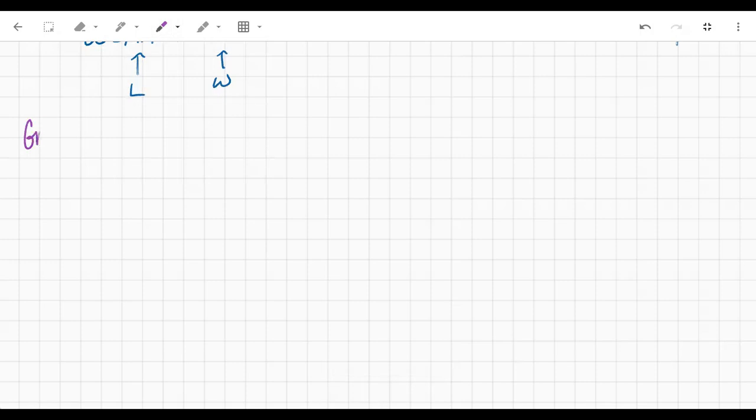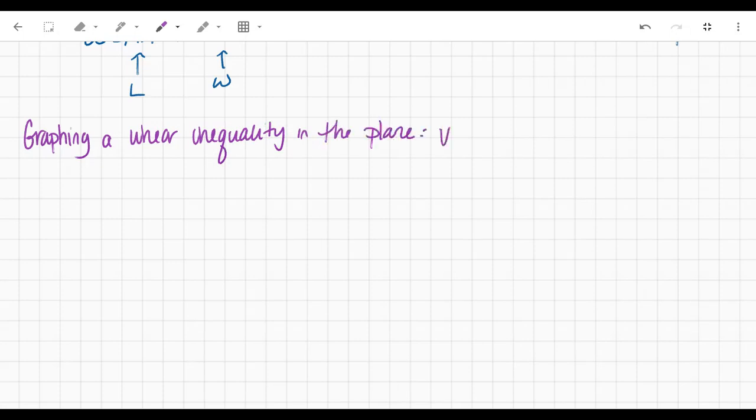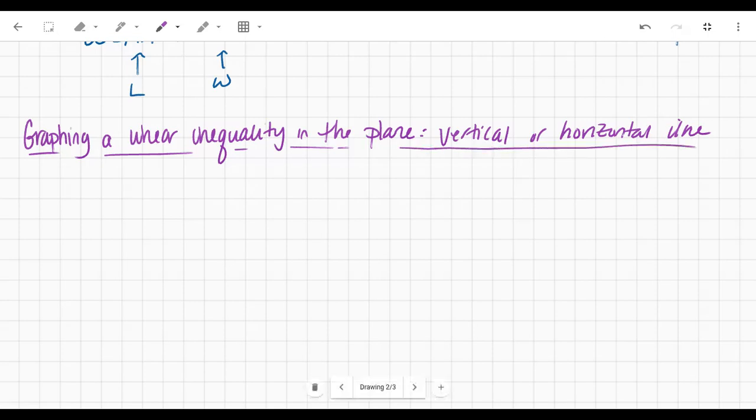We have graphing a linear inequality in the plane, vertical or horizontal line. Okay, so for this one, we're going to have something like x is less than -3.